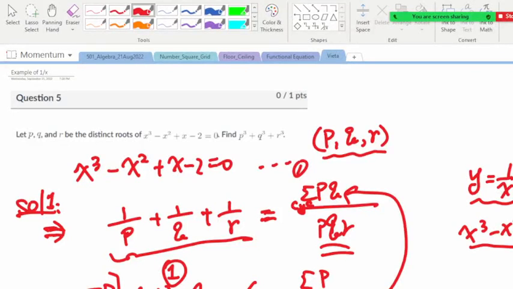Yes. So I'm trying to see if I can have a g(y) whose roots are 1 over p, 1 over q, and 1 over r, right? If we can find g(y), we can calculate the cyclic sum directly.